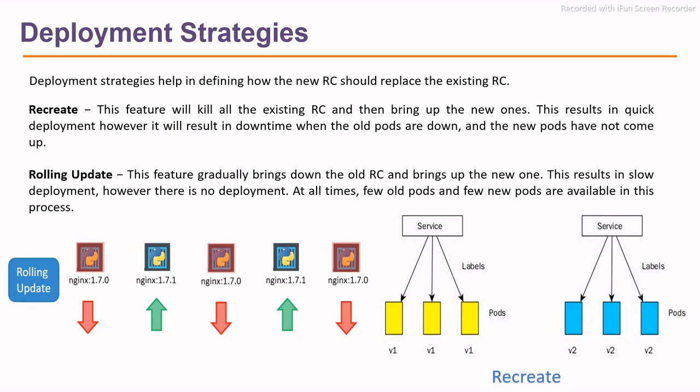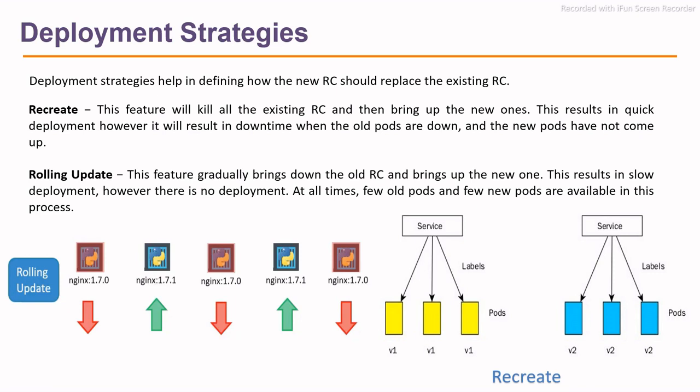You can see the status of your rollout by running the command kubectl rollout status followed by the name of the deployment. In the same way, to see the revisions and history of the rollout, run the command kubectl rollout history followed by the deployment name, and this will show you the revisions.